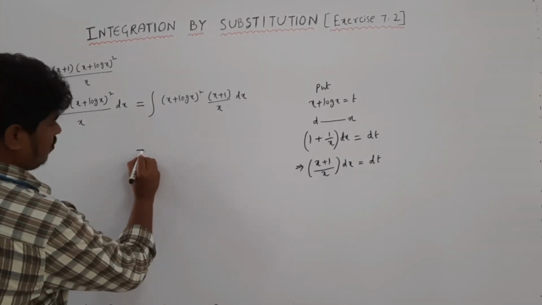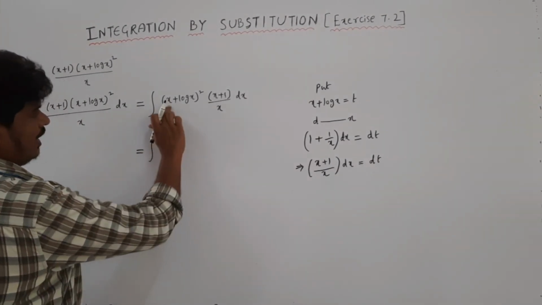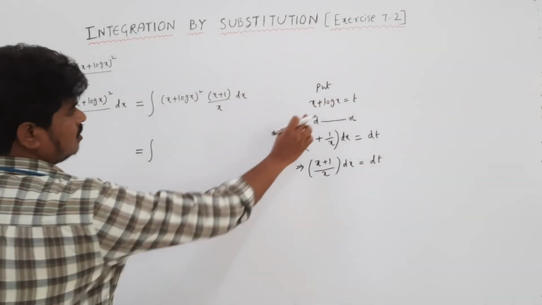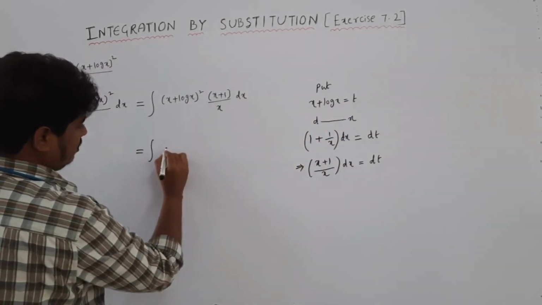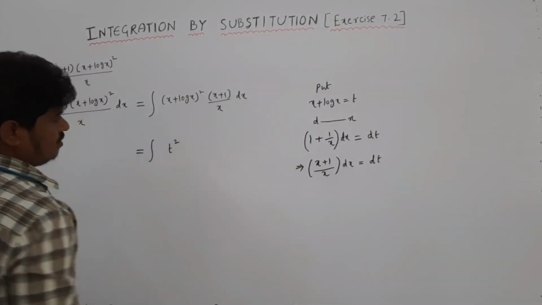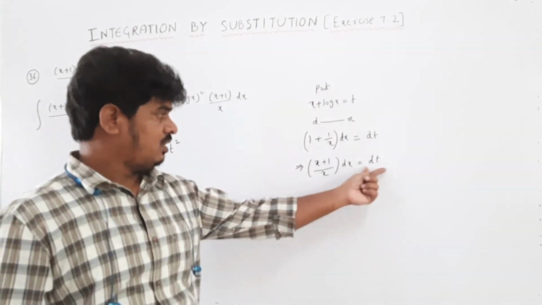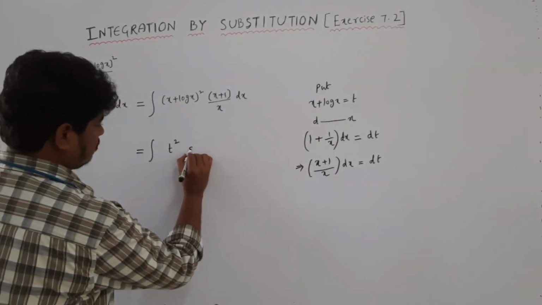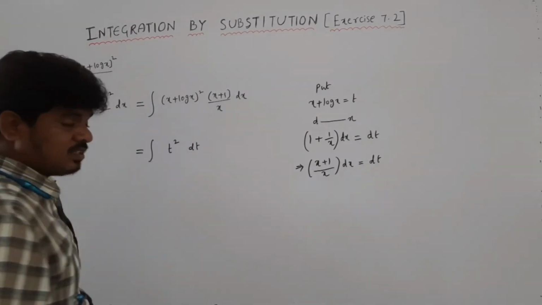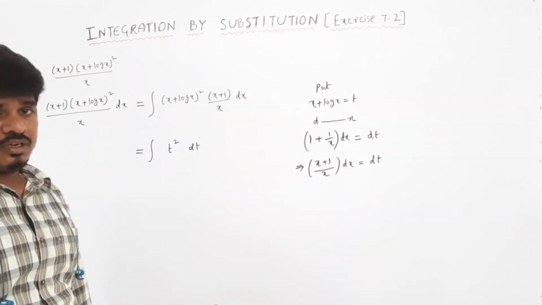Now this is equal to the integral of x plus log x, that is t, square, times x plus 1 by x dx, which is dt. It is just like the integral of x to the power of n dx.